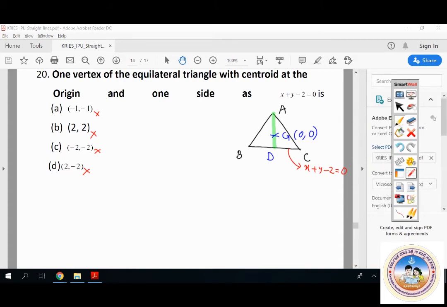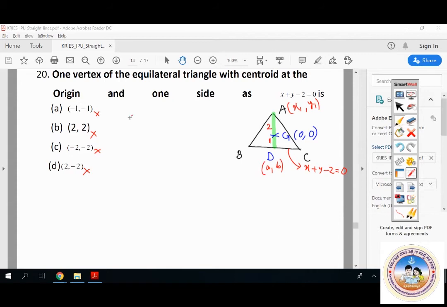So what I do, let me write the coordinates of A as x1, y1, D coordinates a, b ಅಂತ ಬರ್ಕೊಳ್ಳೋಣ. ಇಲ್ಲಿ you know the property of the centroid. Centroid is going to divide the median internally in the ratio 2:1. This is the property of the centroid.